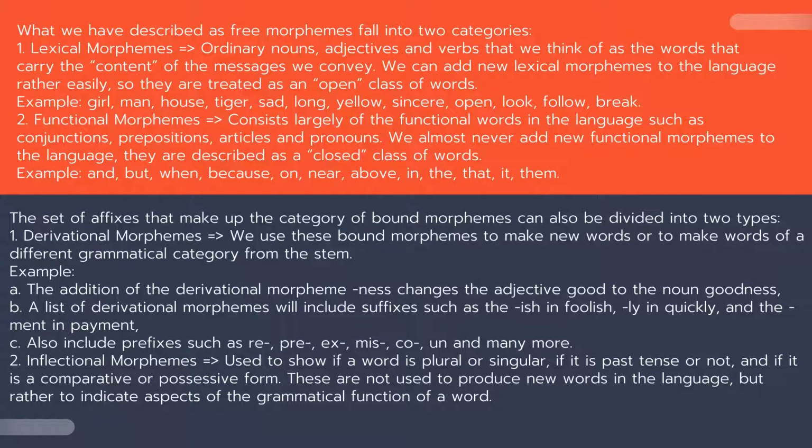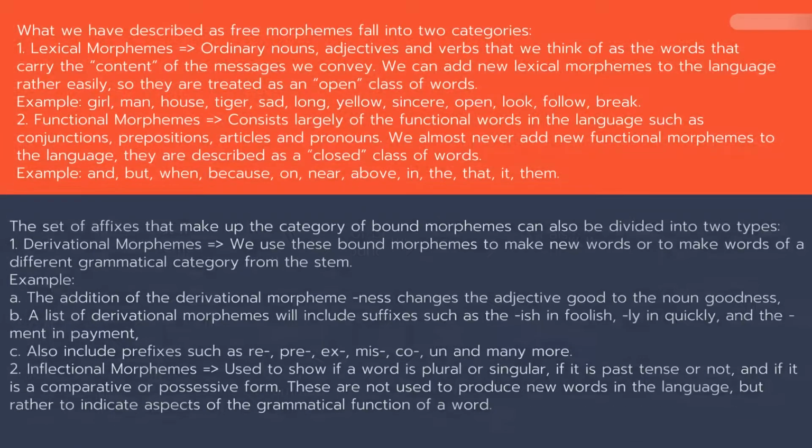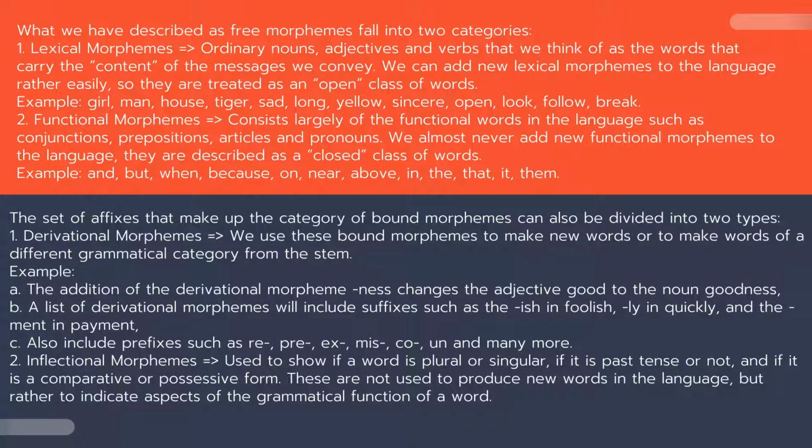The set of affixes that makes up the categories of bound morphemes can also be divided into two types. 1. Derivational morphemes. We use these bound morphemes to make new words or to make words of a different grammatical category from the stem.